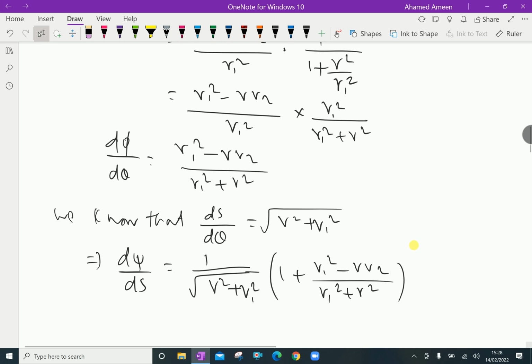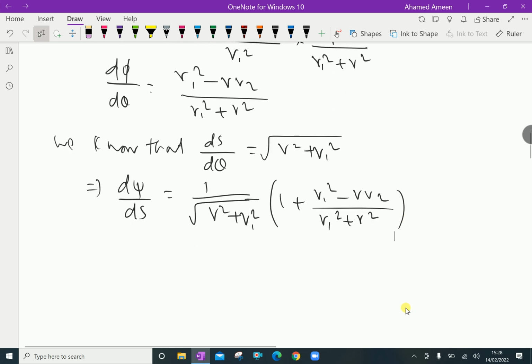Now, which in simplified form, therefore rho equals ds by d psi.